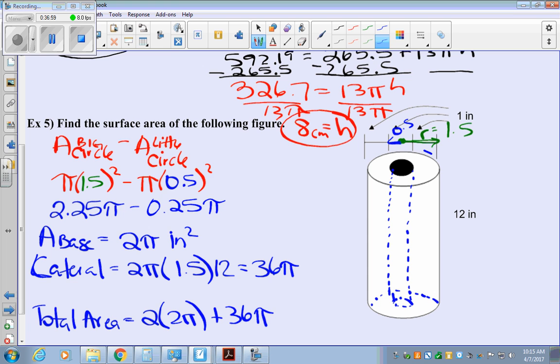The last little piece of area I have to find is that of the burrowed out hole. So if I were to snip that burrowed out hole, I would get the circumference of the little hole times the height of the cylinder. So this is the hole in the middle.